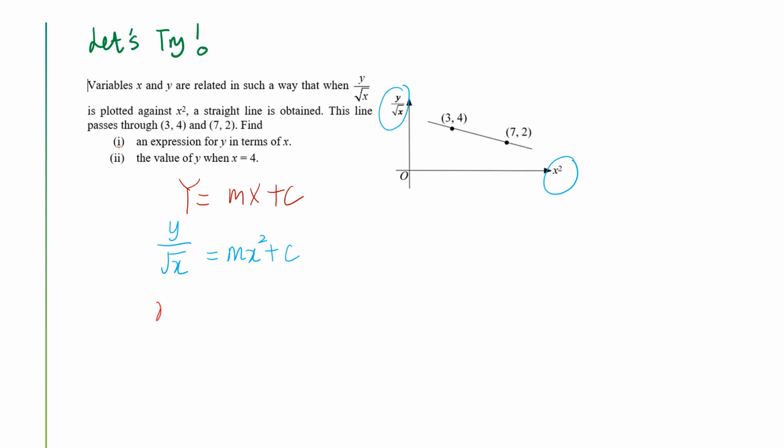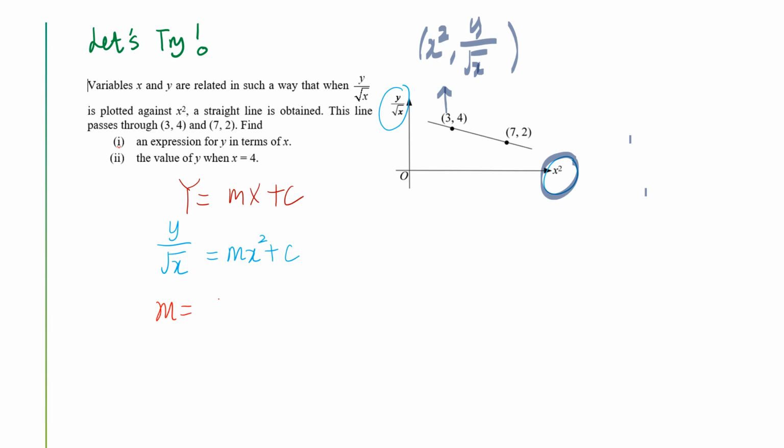The gradient is the easiest to find. Just use y2 minus y1 over x2 minus x1. I need to remind you that here, your x coordinate is not x. It has to be replaced by x squared. So the general form for the coordinate is actually x squared, comma y over square root x.